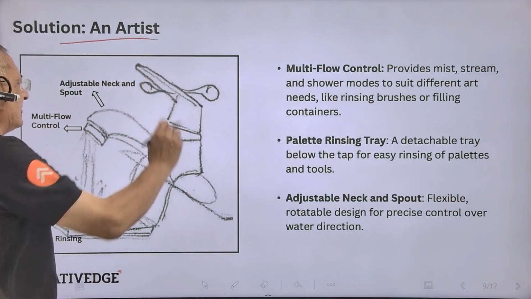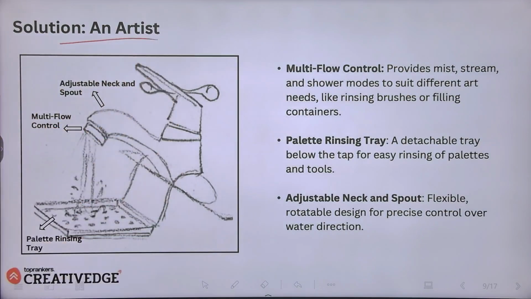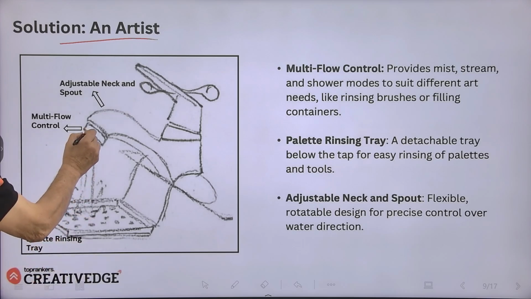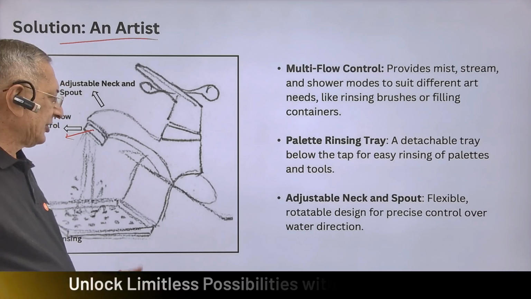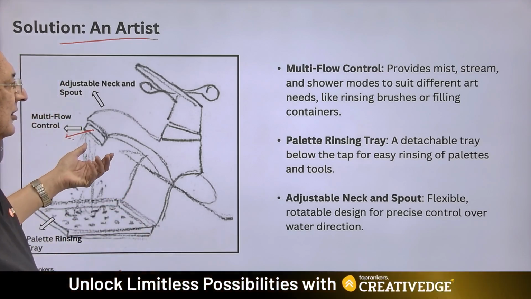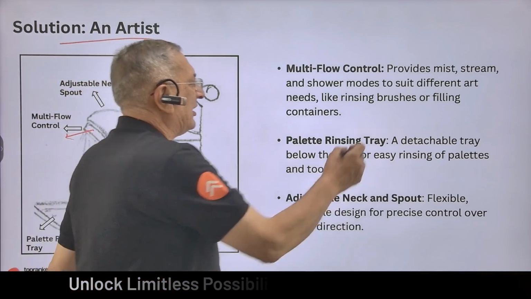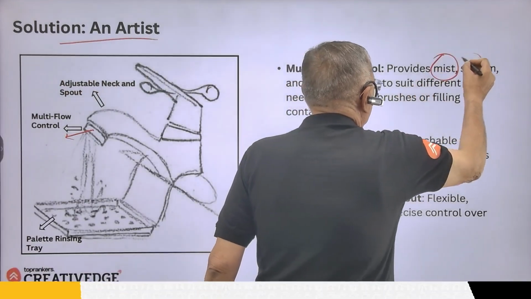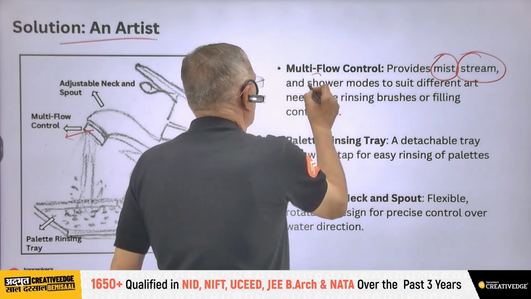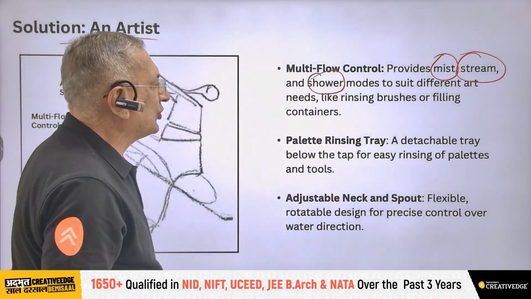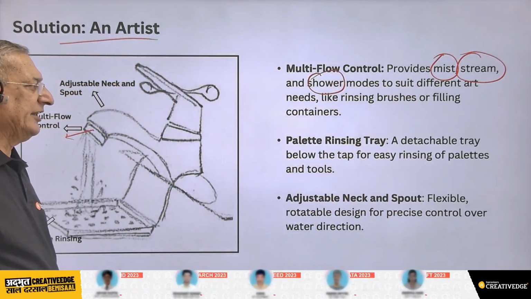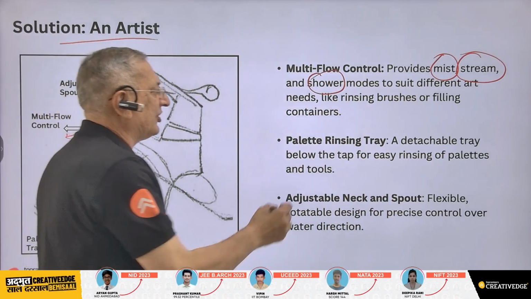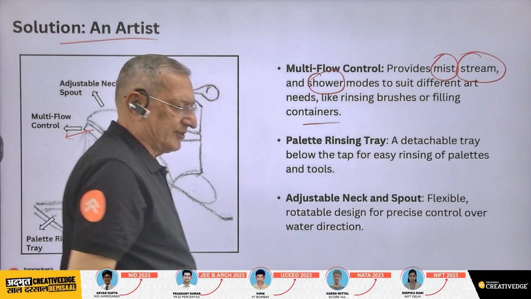Solution for an artist. Multi-flow control of the tap. At times you want it to provide either mist, stream, or shower, most suited to different art needs, like rinsing brushes or filling containers.